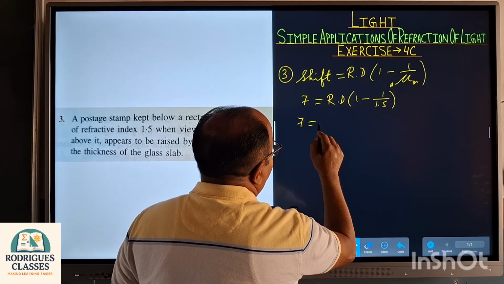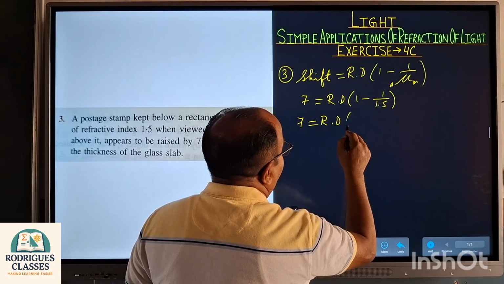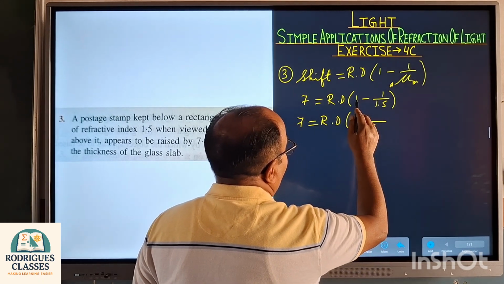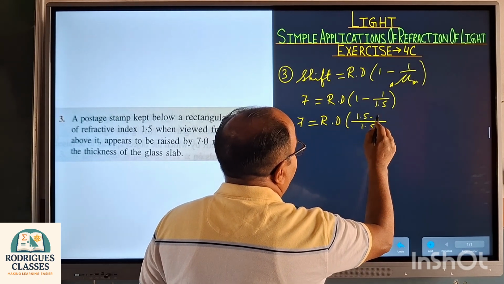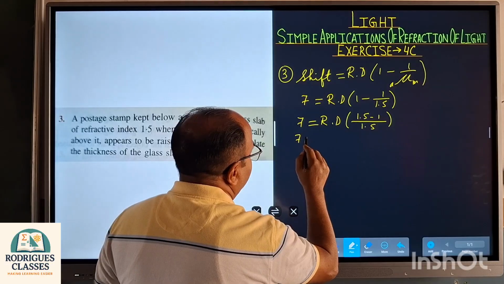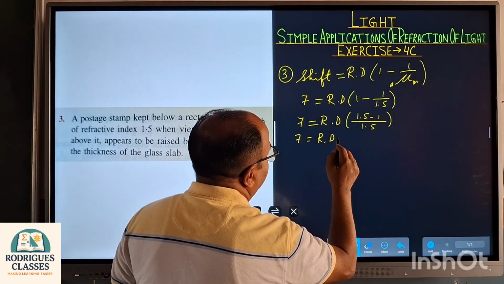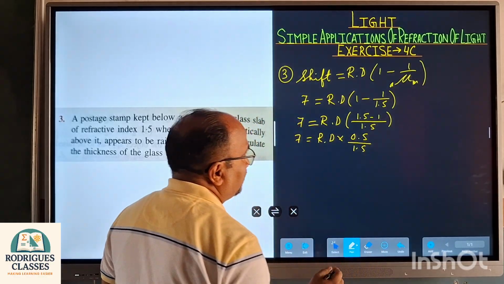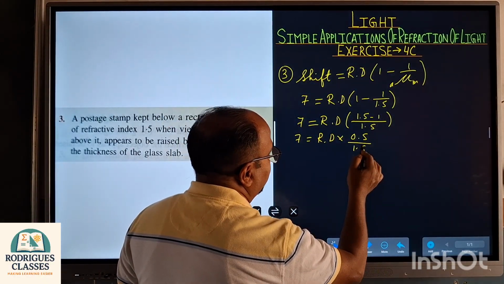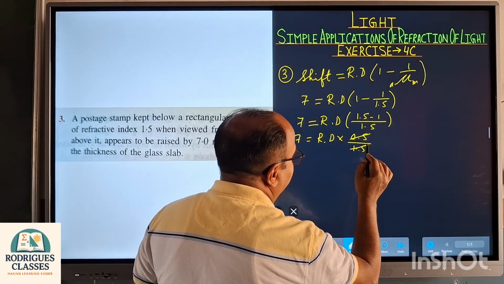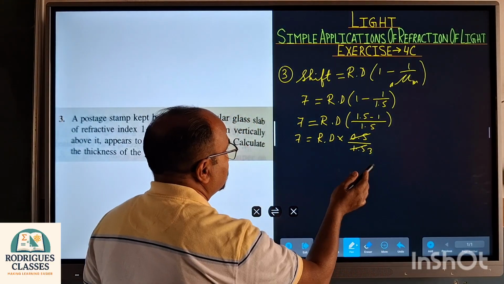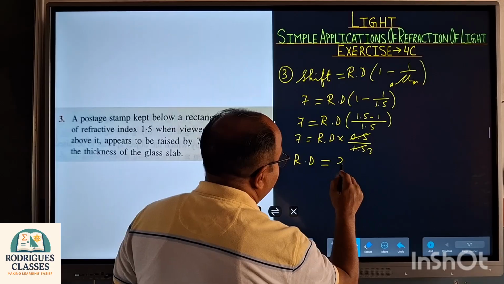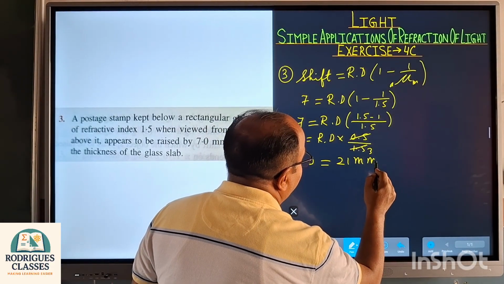So 7 equals real depth copied. So this will be 1.5. 1.5 into 1 is 1.5 minus 1. So this will give me 0.5 by 1.5. You know, decimal removed, it is 5 by 15. So I cancel it to write here 3. So this will go and multiply here. So real depth becomes 3 into 7 as 21 millimeter.